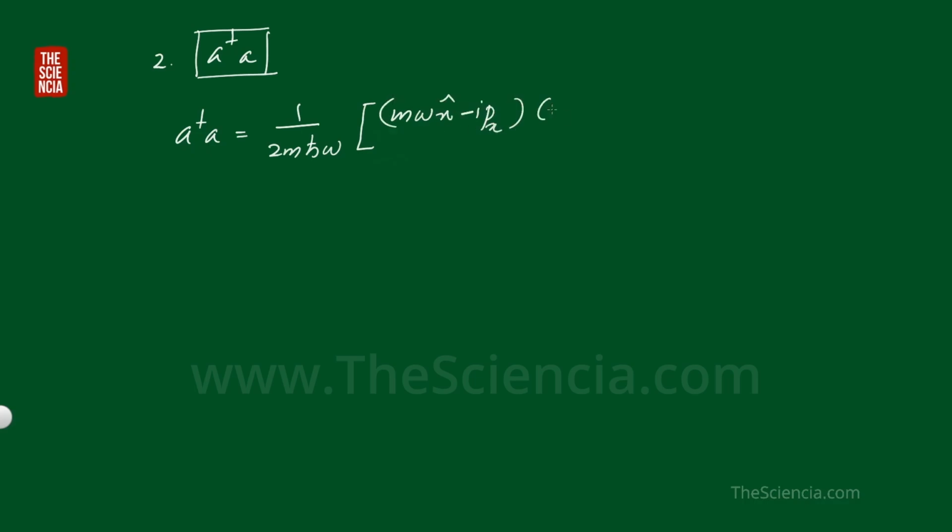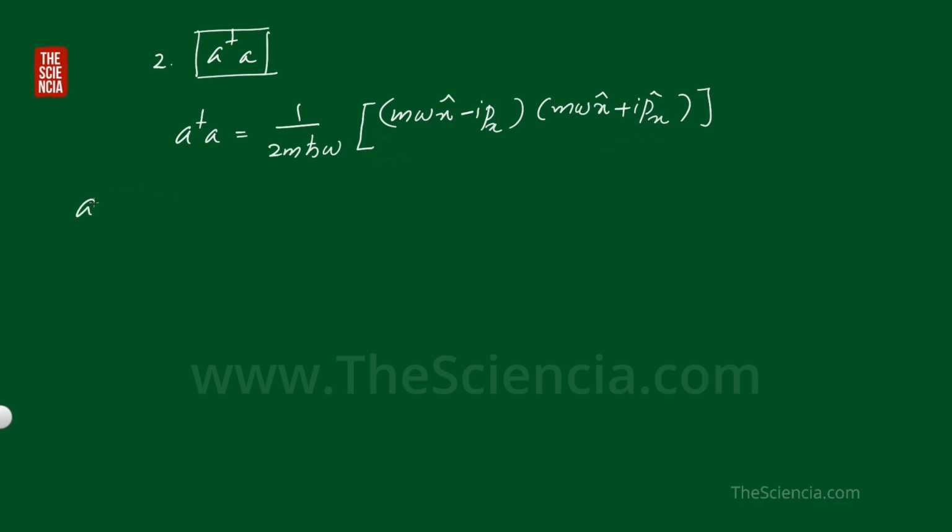Now we want to evaluate the second one, that is a dagger A. So what is this a dagger A? A dagger A is equal to 1 by 2m h cross omega into m omega x cap minus i px into m omega x cap plus i px cap.